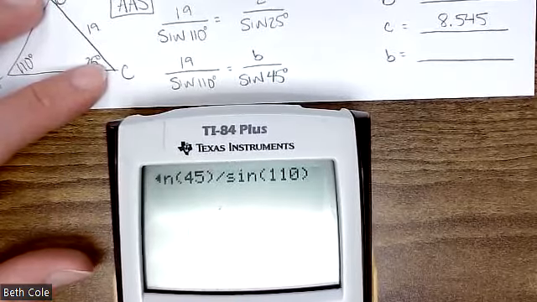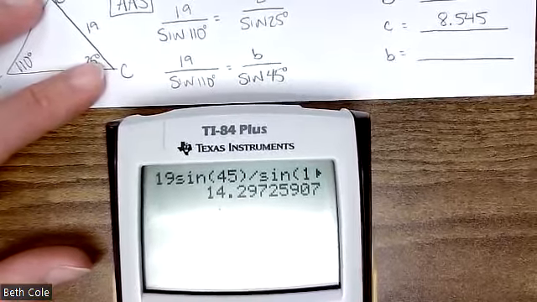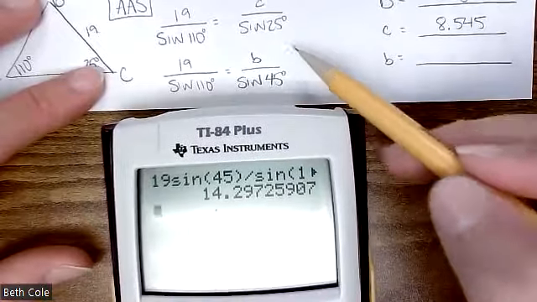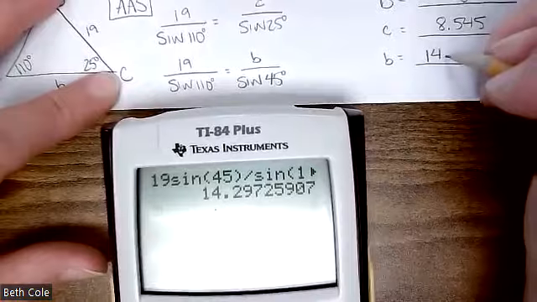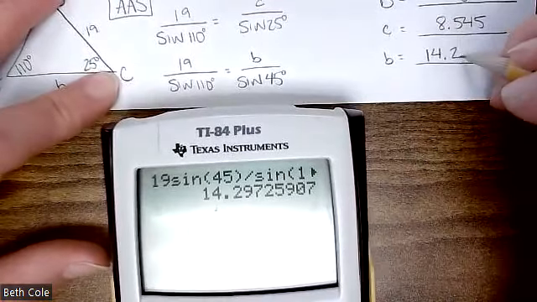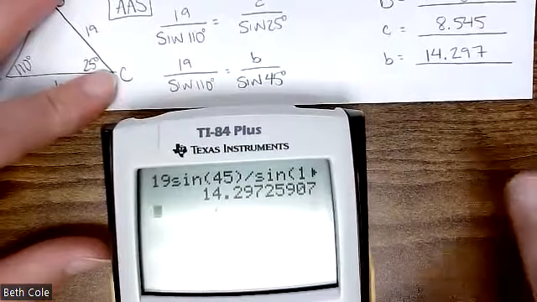And what you can actually do, I typed the whole thing over again. If you hit the up button and hit enter, it'll bring back what you had before, and you can just change the 25 to a 45 because it's the same problem. And oh my gosh, did I get a number bigger than 8? Yes, because if you're finding them smallest to biggest, the last one should be the biggest one.